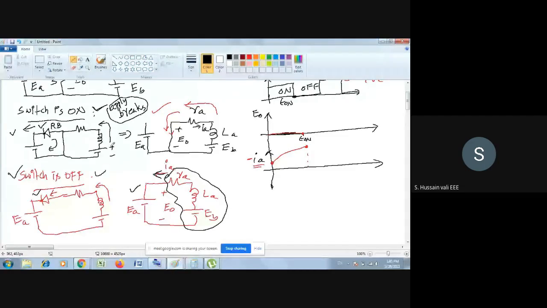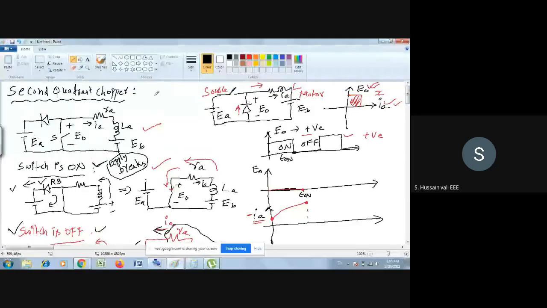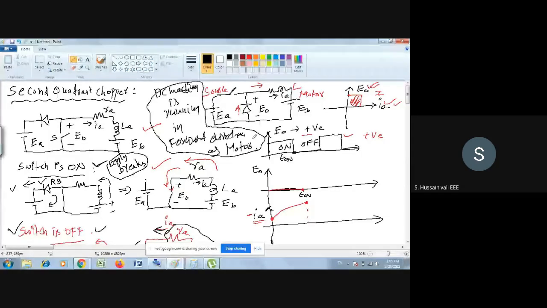Before you use the second quadrant chopper, you will assume that the DC machine is running in the forward direction as a motor. As I told you, you generally use four quadrant choppers, and you switch from one quadrant to another automatically whenever needed. It depends on the requirement.